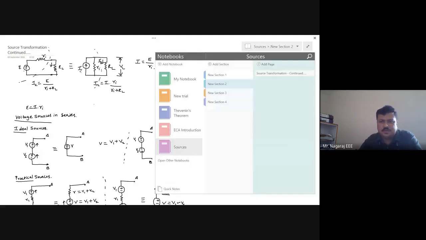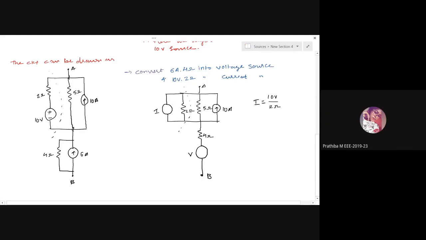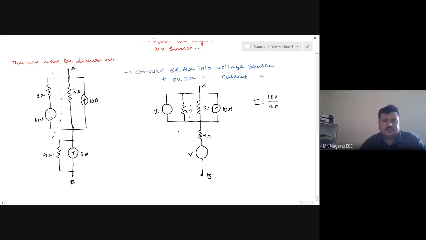So similarly, in the circuit shown, what will be I here? The source voltage divided by the series resistance, that is 10 volt divided by 2 ohm. Is it? Yes or no? Yes, sir. Okay. This circuit remains the same. 5 ohms and 10 amps circuit remains the same. I did not touch it as of now. But only I am converting this 10 volt 2 ohm into a current source.